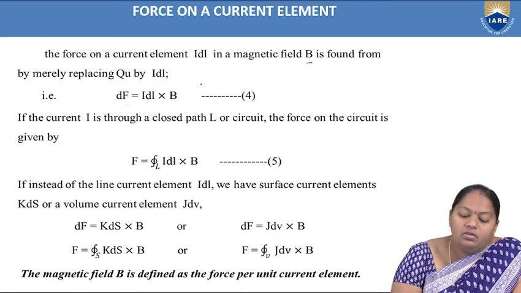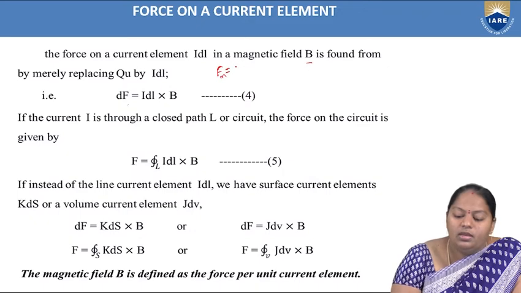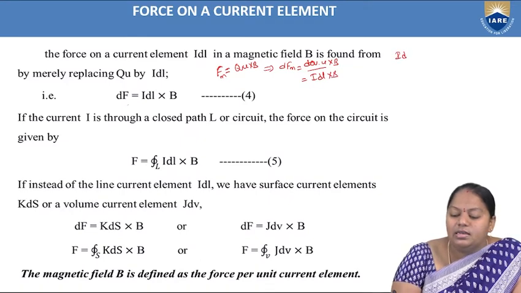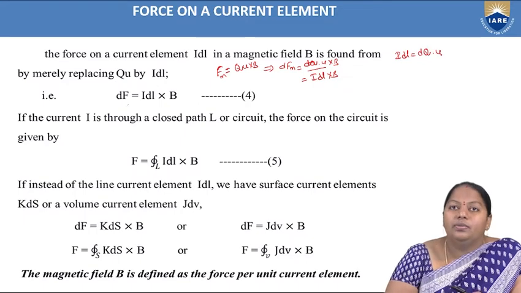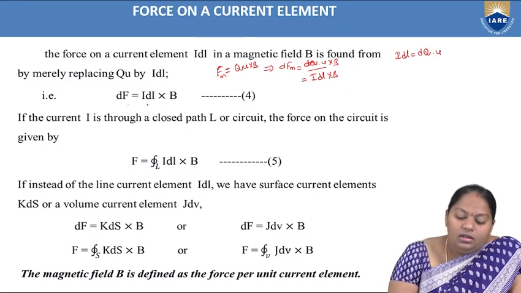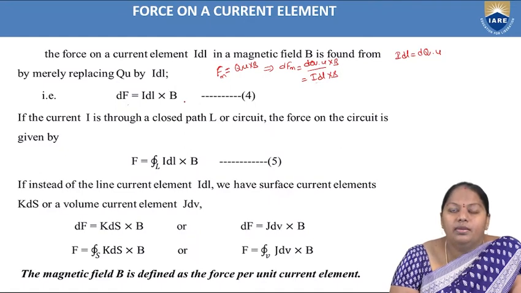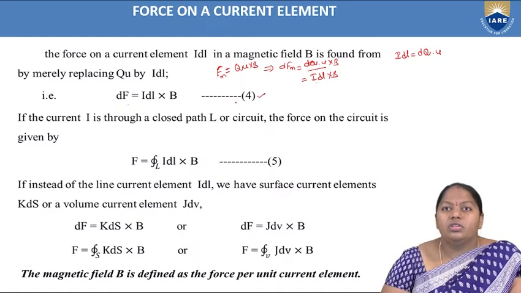Hence dF equals IDL into B. The magnetic force is given by QU into B, so if we differentiate on both sides, we get dFm equal to dq into U into B. So dq into U is nothing but IDL, from the previous analysis that IDL equal to dq into U. If we replace dq into u by IDL, then dF is obtained as IDL into B. Consider this as equation number 4.